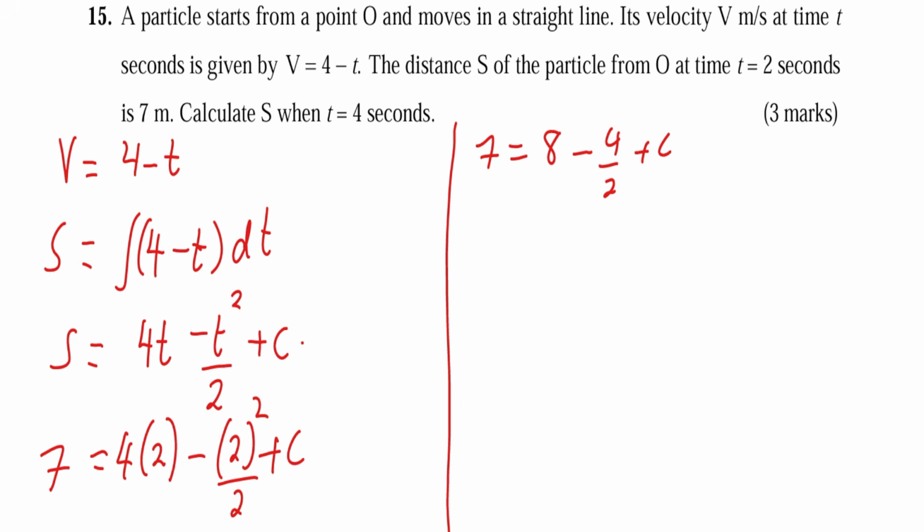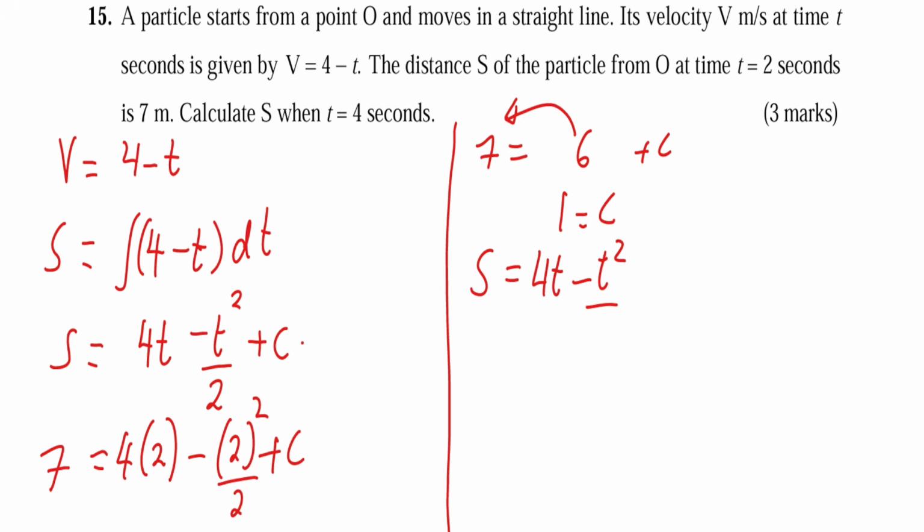So basically 4 divided by 2 is 2, and 8 minus 2 is 6. And 6 taken to the other side, it becomes 7 minus 6 equal to c. Therefore c is how much? c is 1. So as a result our equation is written like this: s equal to 4t minus t squared over 2 plus c, now you know c, plus 1. So that's the function of s.